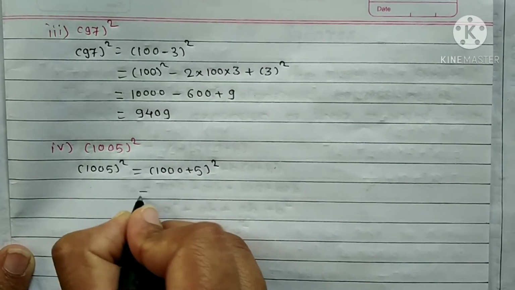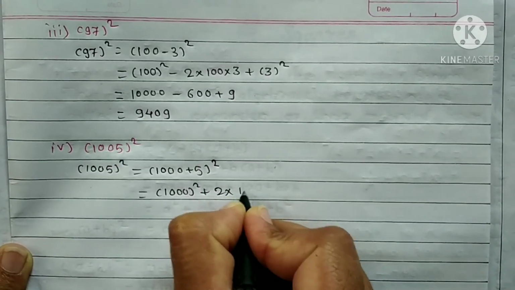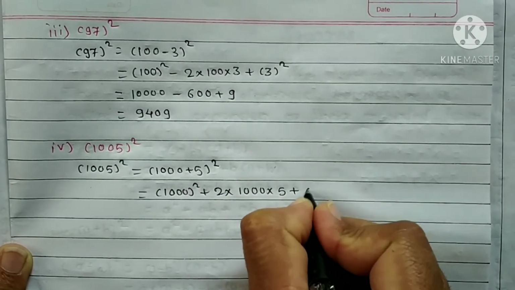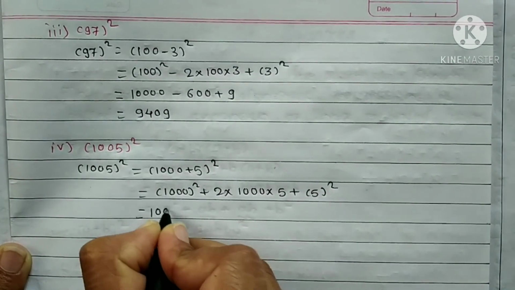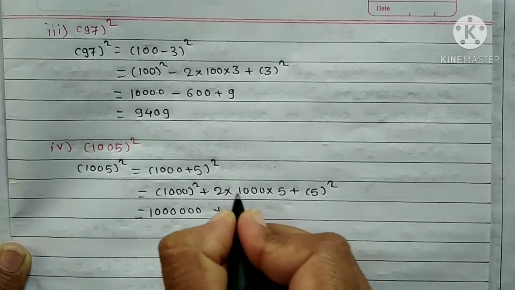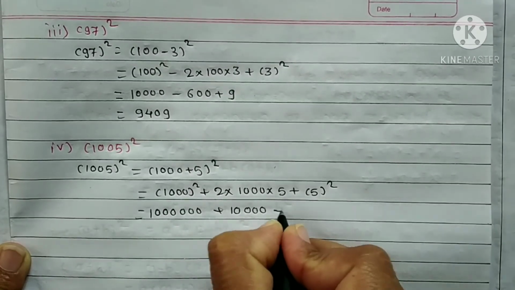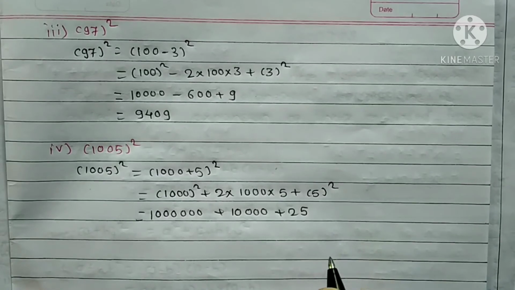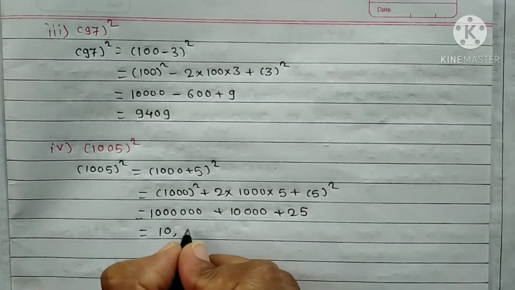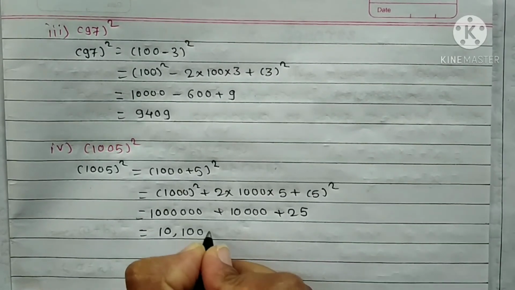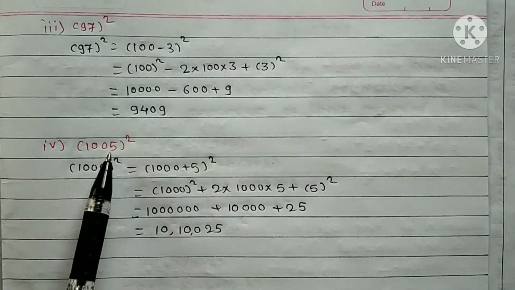Okay, so 1000 square plus 2 into 1000 into 5 plus 5 square. 1000 square is 10 lakh, plus 2 into 1000 into 5, that is 10,000, plus 5 square is 25. After addition you get 10 lakh 10,025. Okay, this is the square of 1005.